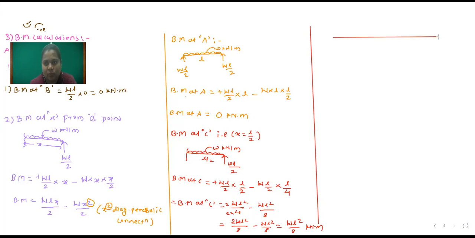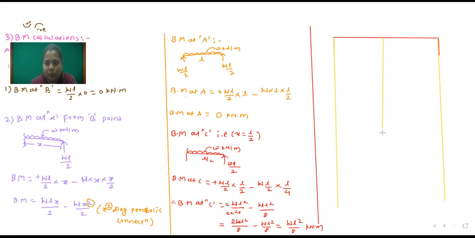So this is our simply supported beam, and a uniformly distributed load is applied throughout the span. After that, we will extend all these lines, so we will draw the shear force diagram and bending moment diagram very effectively.